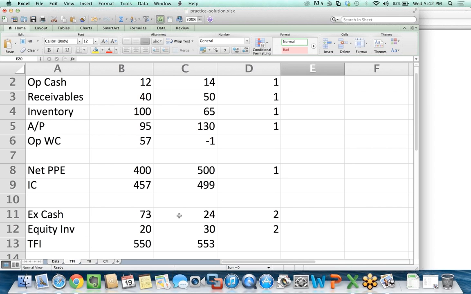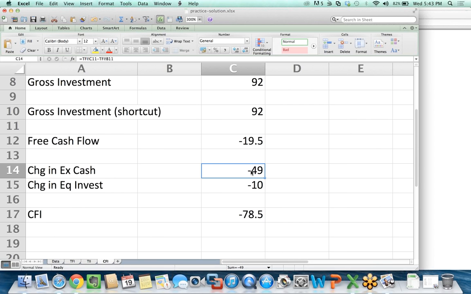So I'm going from 73 to 24. I was looking at it the other way. So I'm actually freeing up cash. I'm using cash to pay out to investors. I'm taking it, I should say, from savings and moving it into checking by reducing my cash balance. So I actually need to flip this sign. There we go. And then I have a positive 19.5 CFI.